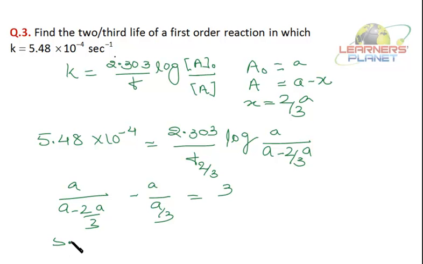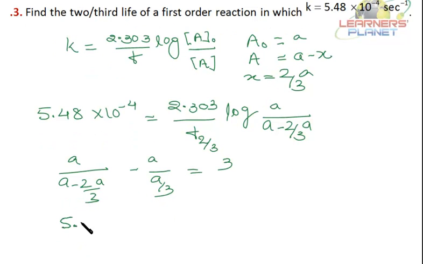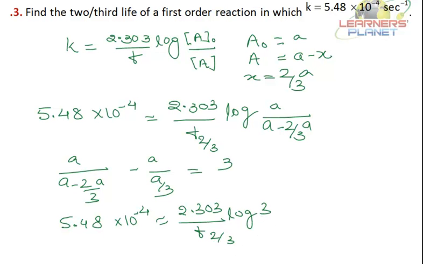So it would be 5.48 into 10 to the power minus 4 is equal to 2.303 by T 2 by 3 log 3. So what is log 3? It is 0.477. Right? At least you should remember the values of log 2, 3, 4 and 5. So log 3 is equal to 0.477.